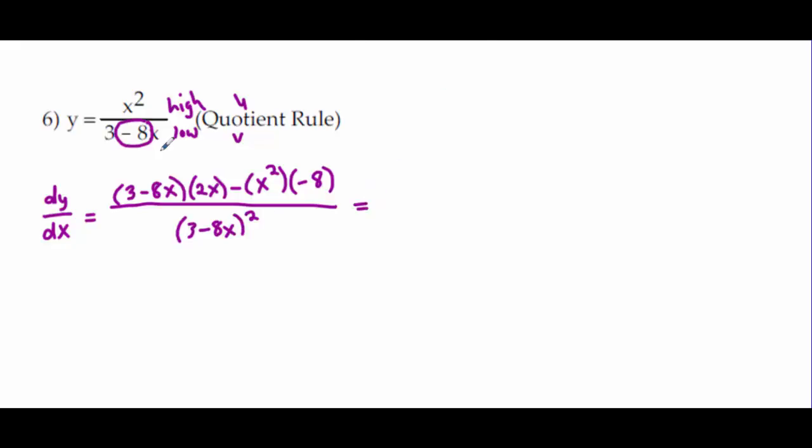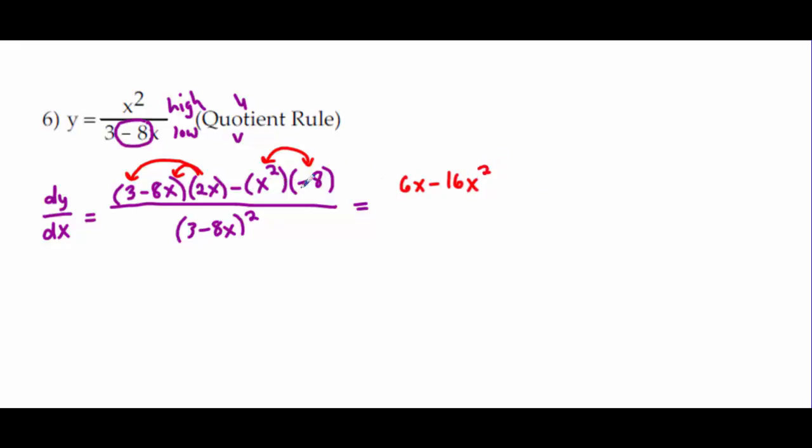So when I'm working this out, this first thing requires us distributing because we have two things in our parentheses and then one thing. Here though, I'm not really distributing, I just have two things to multiply together. So this is going to be 6x minus 16x squared.